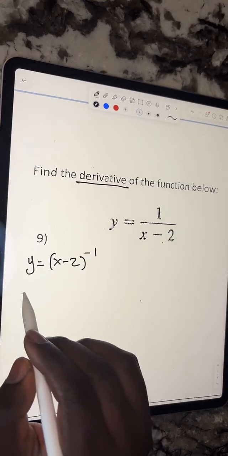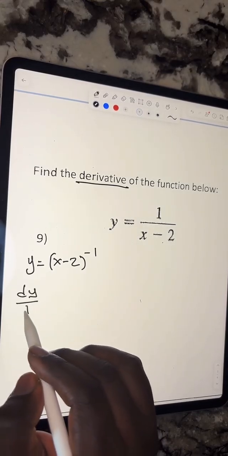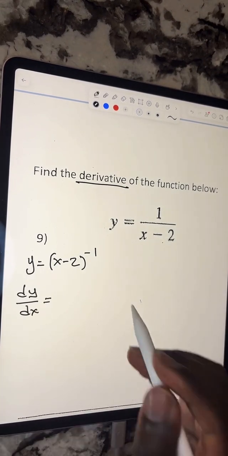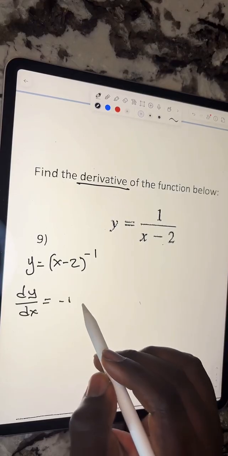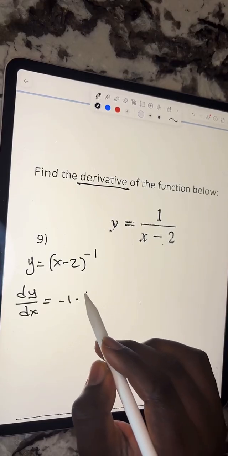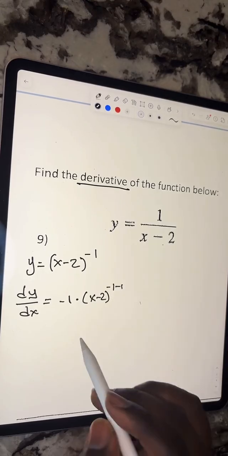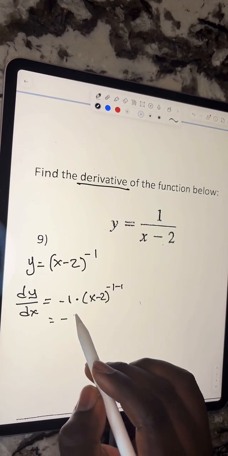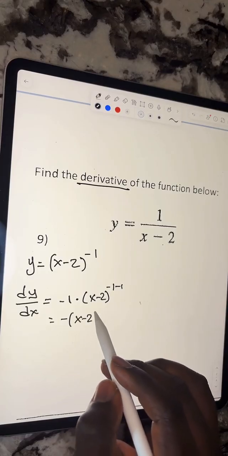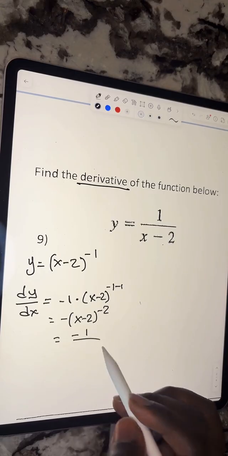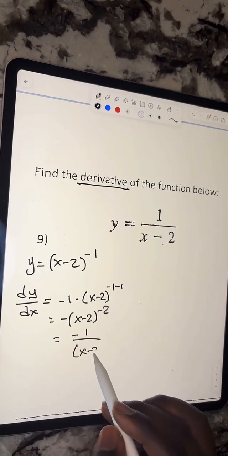Okay, so which means that now dy over dx, we're using the power rule or the chain rule, will be negative 1 times x minus 2 to the power of negative 1 minus 1. That will be negative x minus 2 to the power of negative 2, which can also be written as negative 1 over x minus 2 to the power of 2.